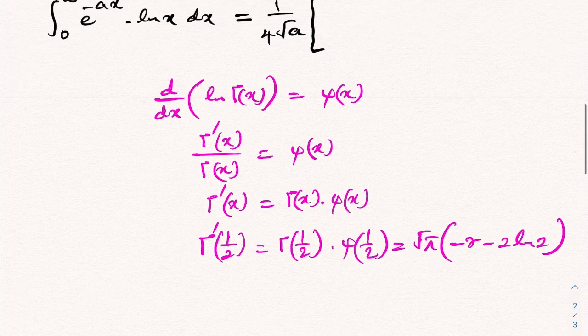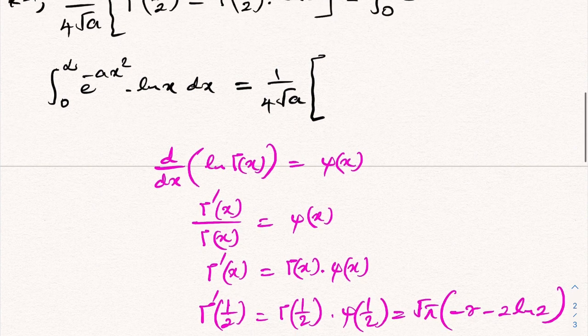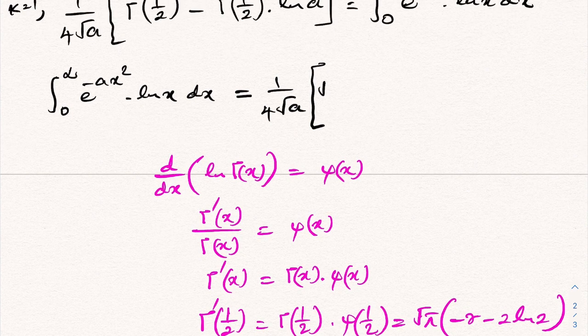So we can write here square root of pi times minus gamma minus 2 times natural log of 2. Then here gamma of 1/2 we know is square root of pi, so square root of pi times natural log of a.